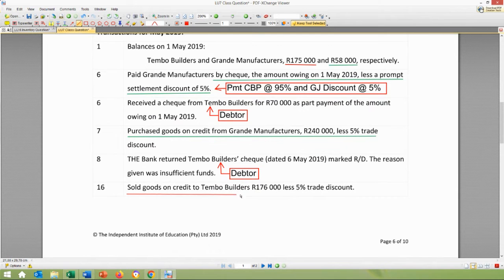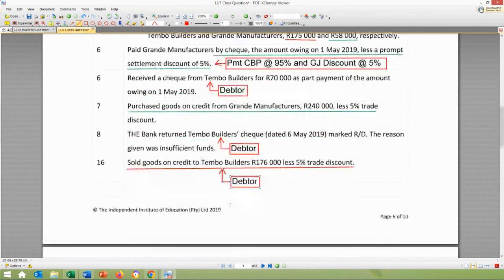Then we sold goods on credit to Tembu Builders for 176,000 less 5% discount. So this is also relating to our debtors. Okay, so we sold more goods to them.